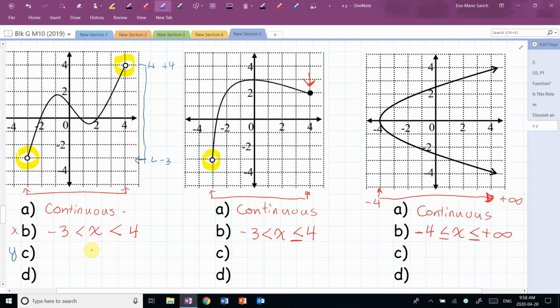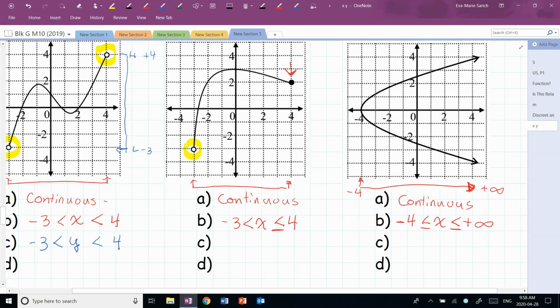So we're looking at the range, which is y, and y is going to be less than the highest value, which is 4. Remember, not equal to because it's not a shaded circle. And it's going to be greater than, but not equal to, again, the lowest value, which is -3.